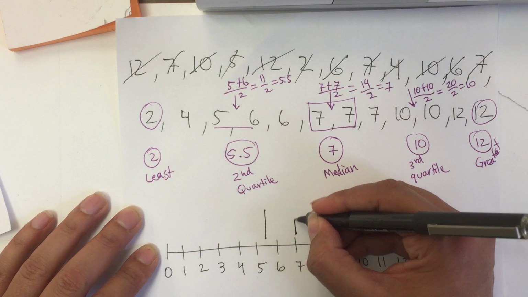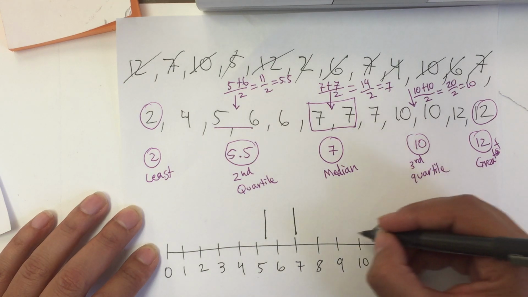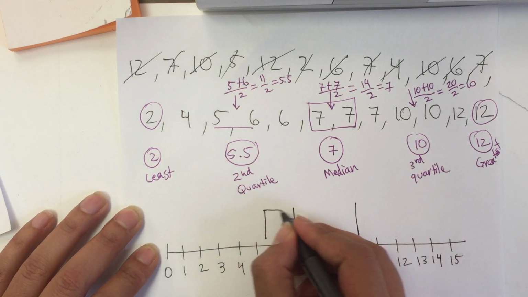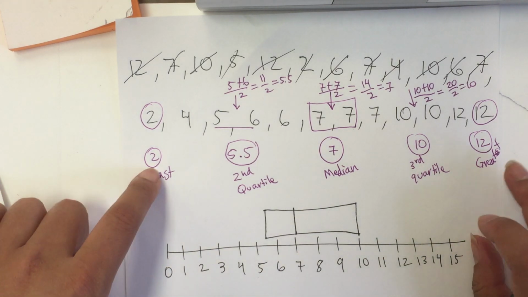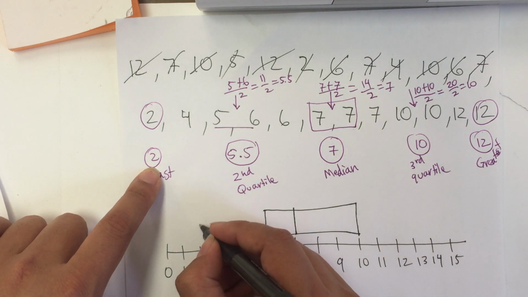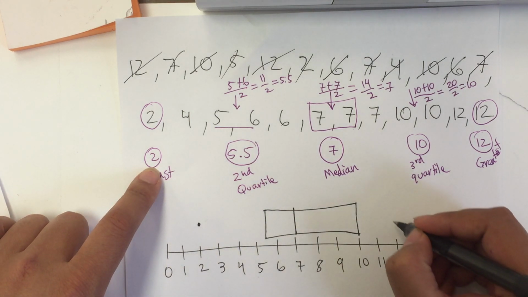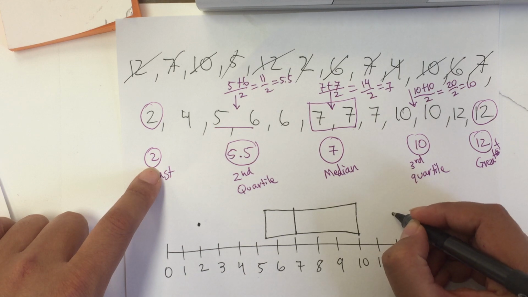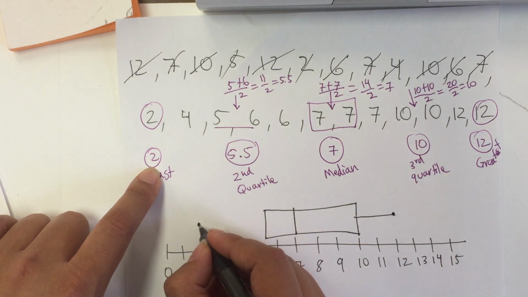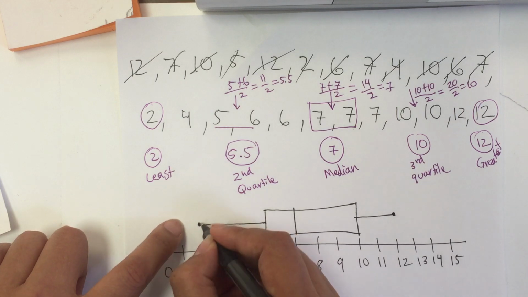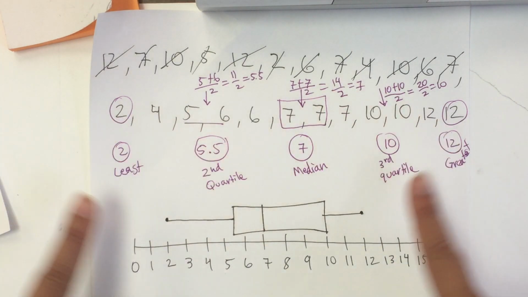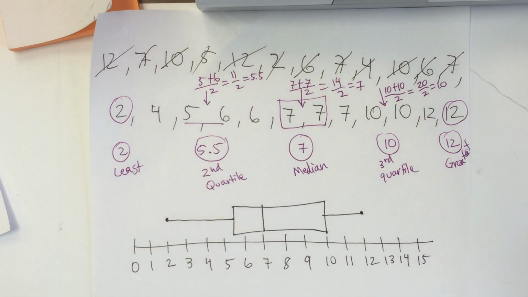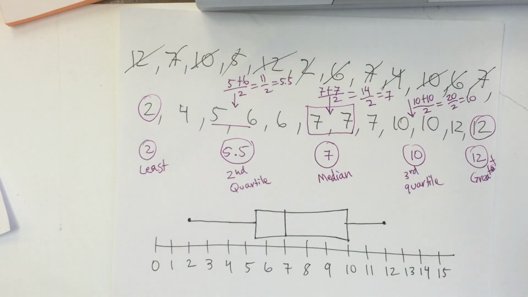I have my 7, and I have my 10. And I connect those for my box. I get the least and greatest, which is 2 and 12, put a little dot at each, and connect my box to those points to make my whiskers. Again, this is in case you have an even number of data.